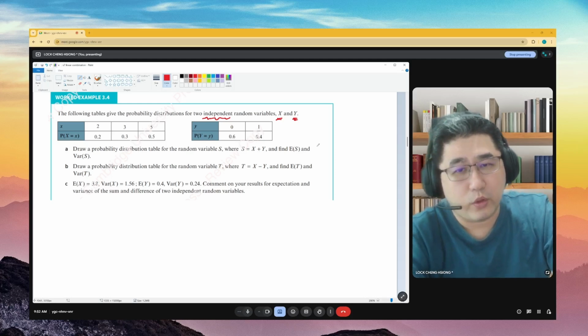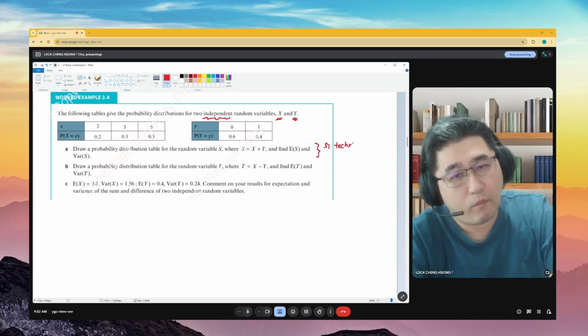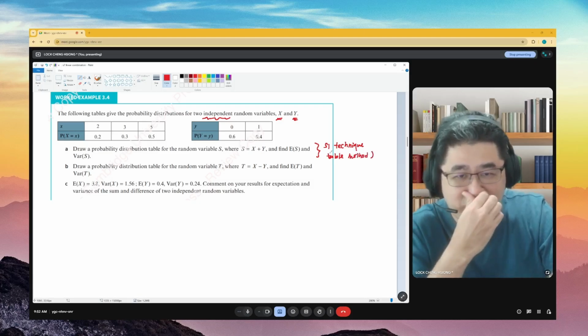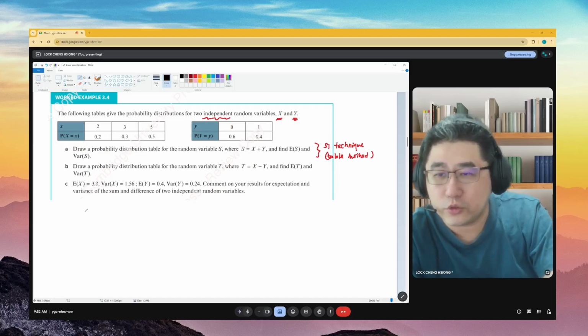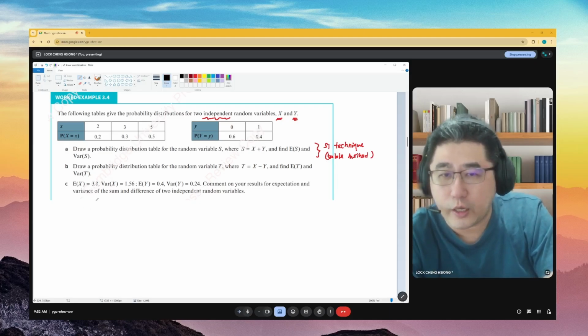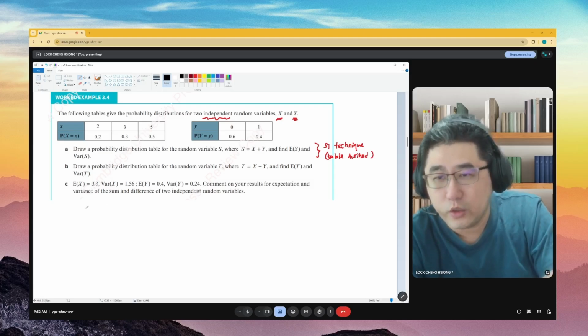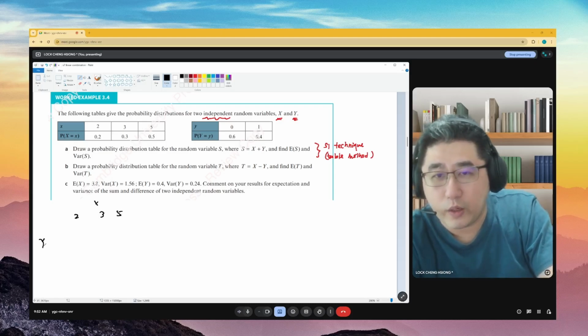So this one will be back to the S1 technique, the table method construction. Okay, let's see how we do this question. So first, I have S, which is X plus Y. I have my X, which is 2, 3, 5, and my Y, which is 0 and 1.